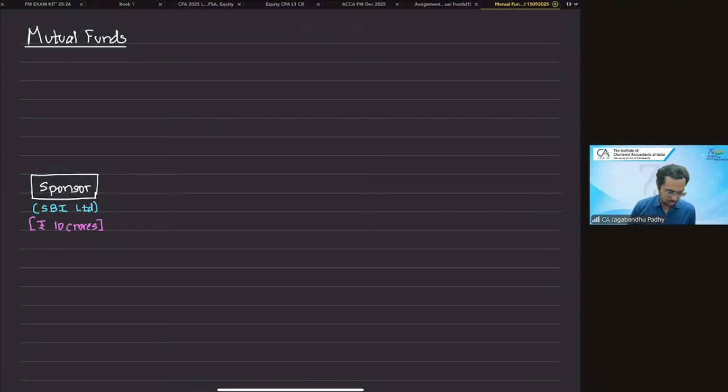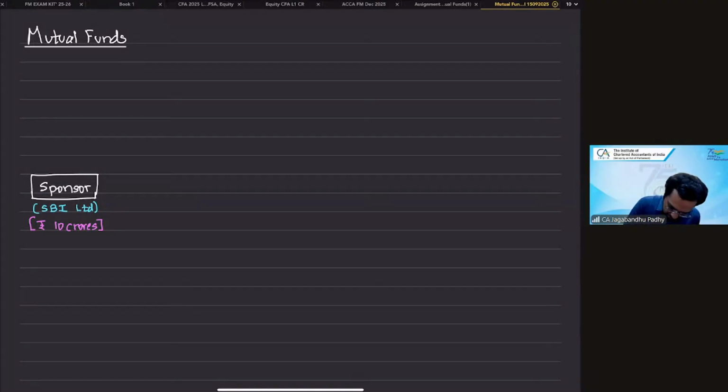Now, of course, if it wants to start with a mutual fund, whom should it be approaching? Public at large? Public at large, definitely.